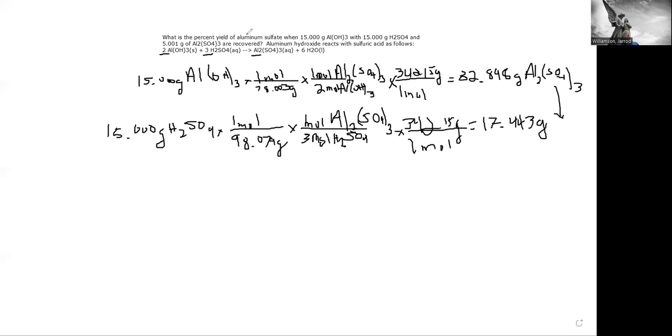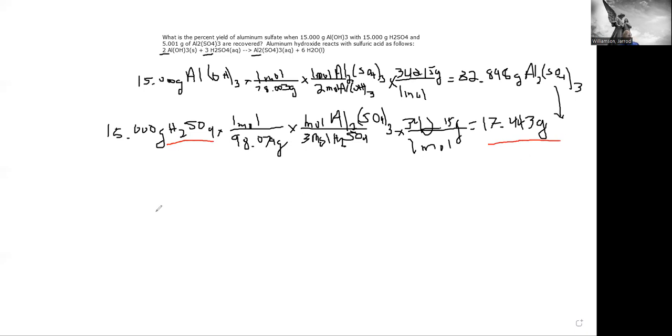So my limiting reactant is the sulfuric acid. And my theoretical yield is 17.443 grams of aluminum sulfate.